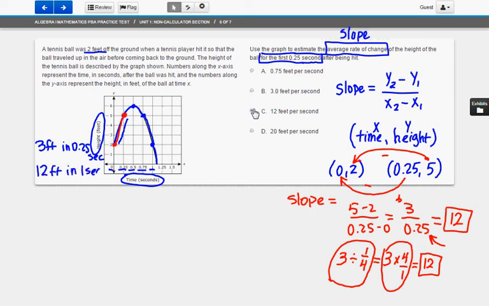Just using some proportional reasoning there. If the ball is increasing 3 feet in 0.25 seconds, then it's going to increase 12 feet in a full second. So there we go. That's one way to go about this problem.